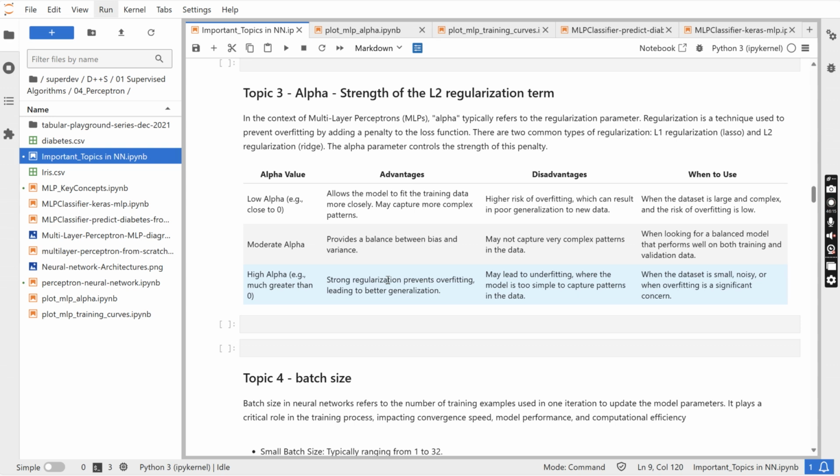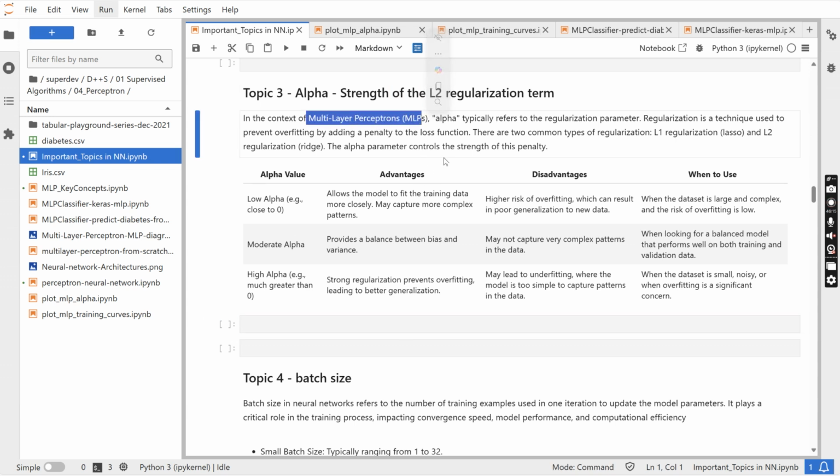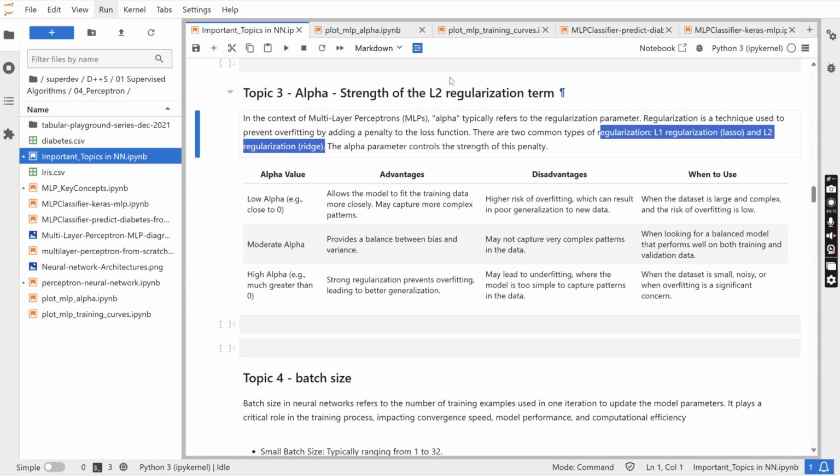Next topic we want to discuss is alpha. Alpha is the strength of L2 regularization. So multi-layer perceptron, just like your logistic regression, uses regularization called lasso and ridge regression. Basically, this parameter tunes that alpha parameter.